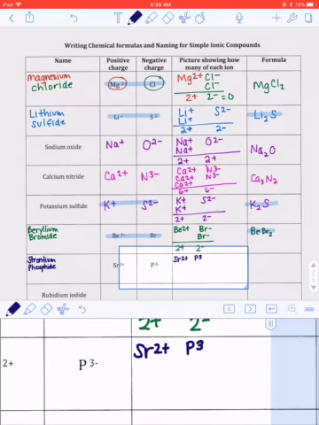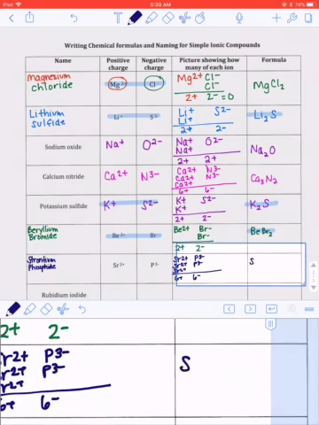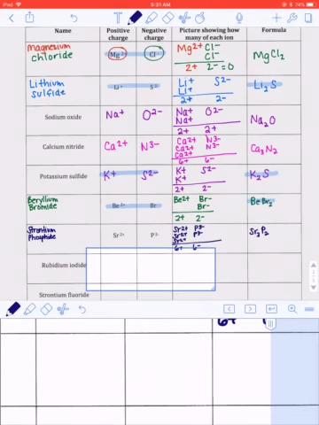Start with what you're given, and then you just keep adding as long as they don't add up together. So that way eventually you get a total charge that balances out to 0. So we've got strontium, we need 3 of those, and then we need 2 of our phosphides.